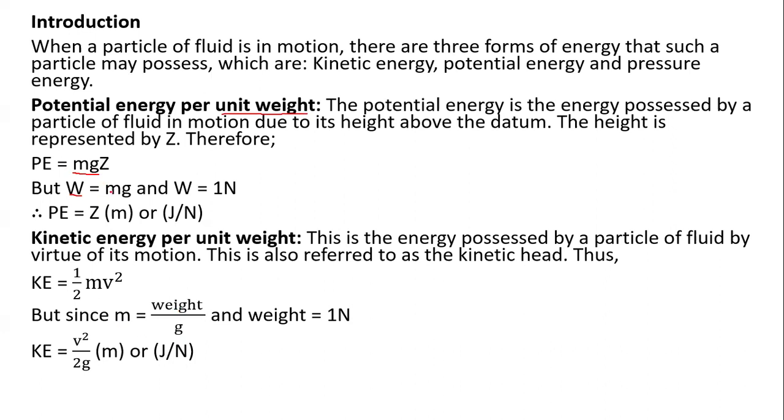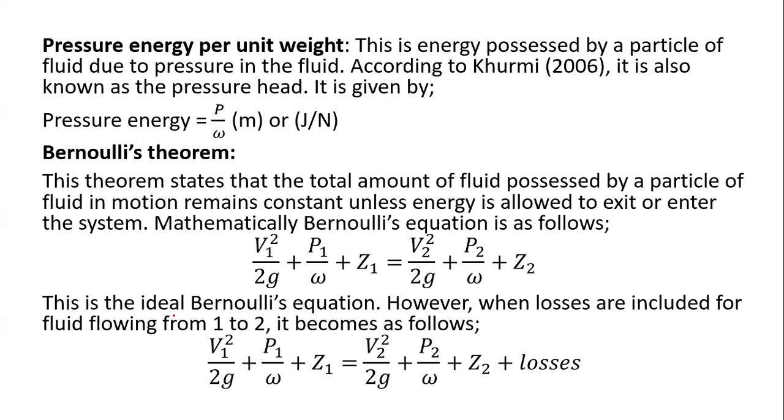So if you make mass the subject, what you have is weight over g. And remember that weight is 1 Newton. So if you substitute back in this expression, you have v squared over 2g, because the g is still here. So this is what represents the kinetic energy per unit weight.